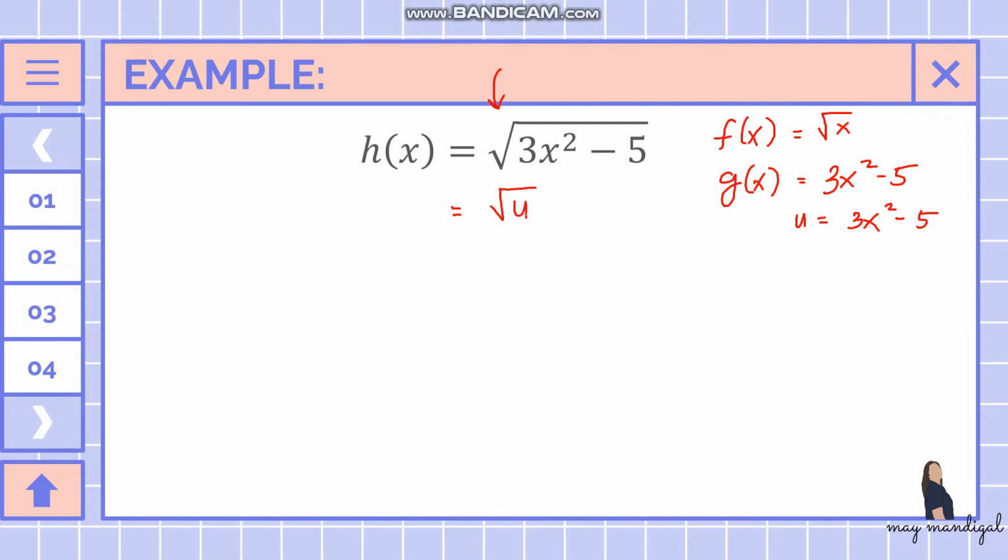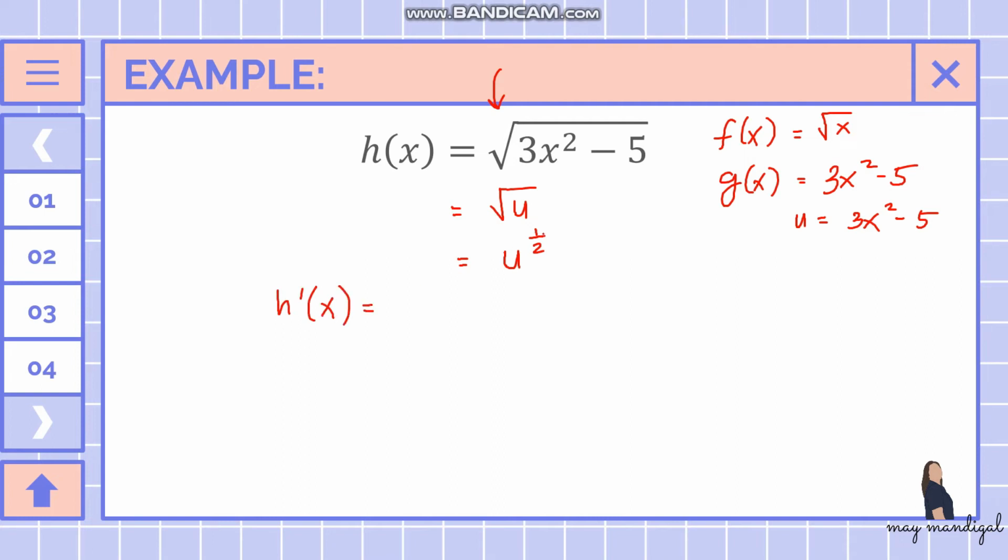Okay? And like what we always do whenever there's a square root or radical, we change it into fractional exponents. So that is what we will do here also. So instead of square root of u, we will write it as u raised to 1/2. And then after that, let's now get the derivative. So we have here h prime of x.